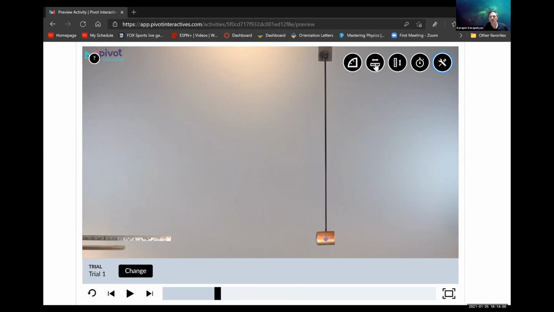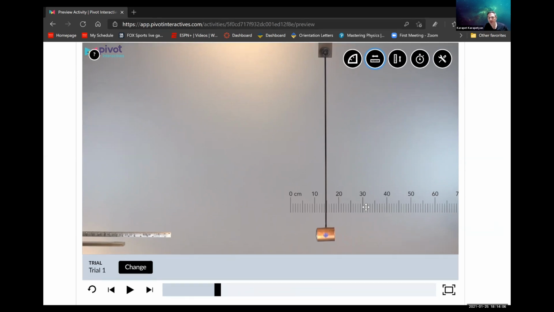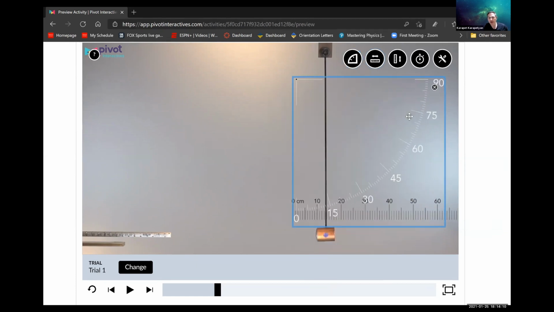There are a number of things we can do. For example, if I take, let's say, a protractor and put it here, that gives you your vertical axis.